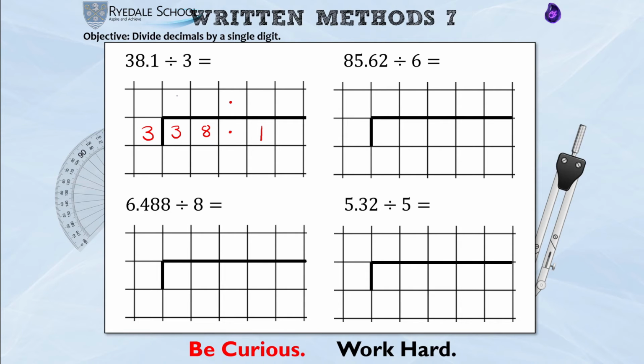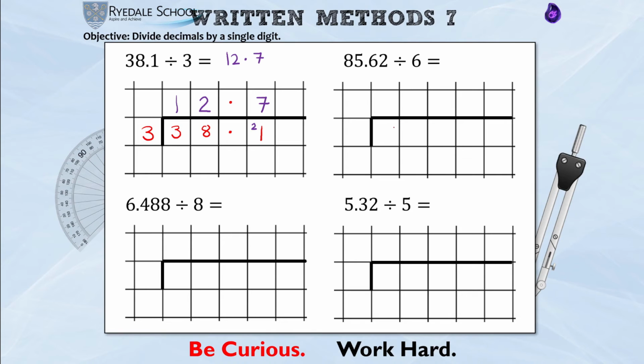Well, 3 goes into 3 exactly 1 time, with nothing left over, no remainders and nothing to carry on. 3 goes into 8 twice, with 2 left over. And 3 goes into 21 7 times. So the answer to this one is 12.7.